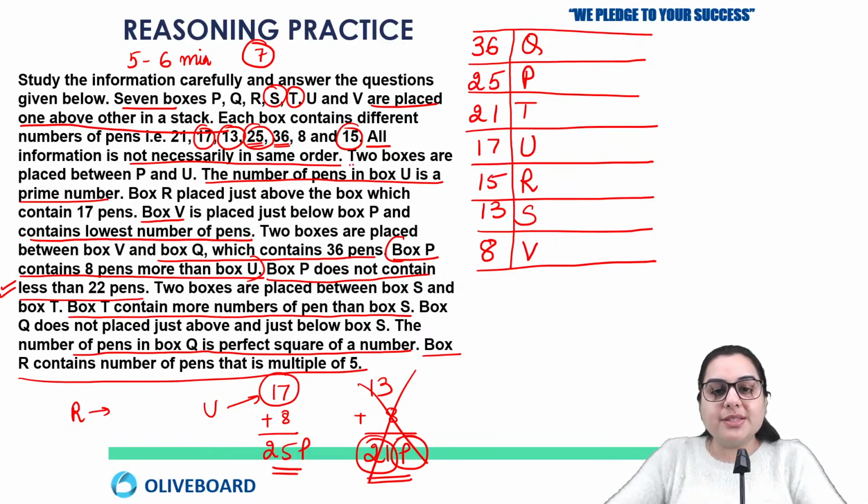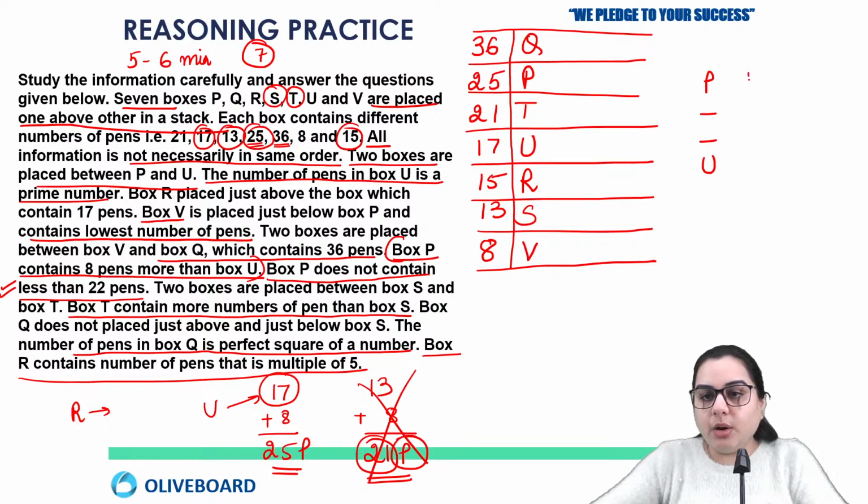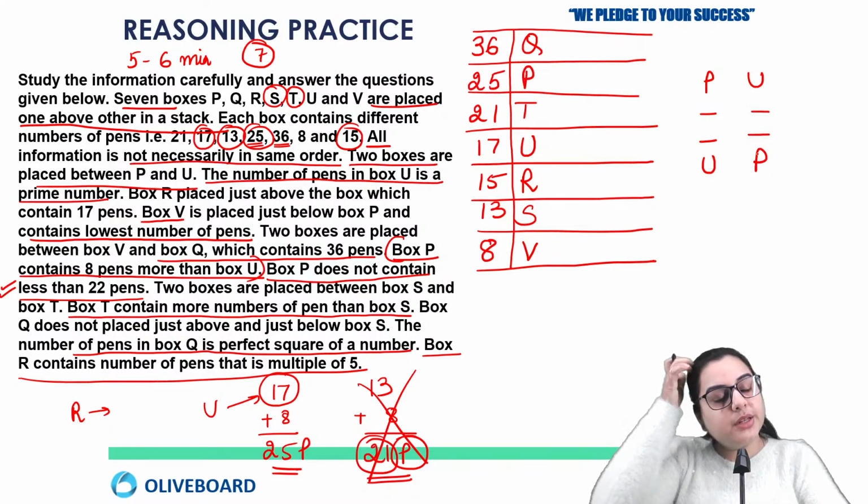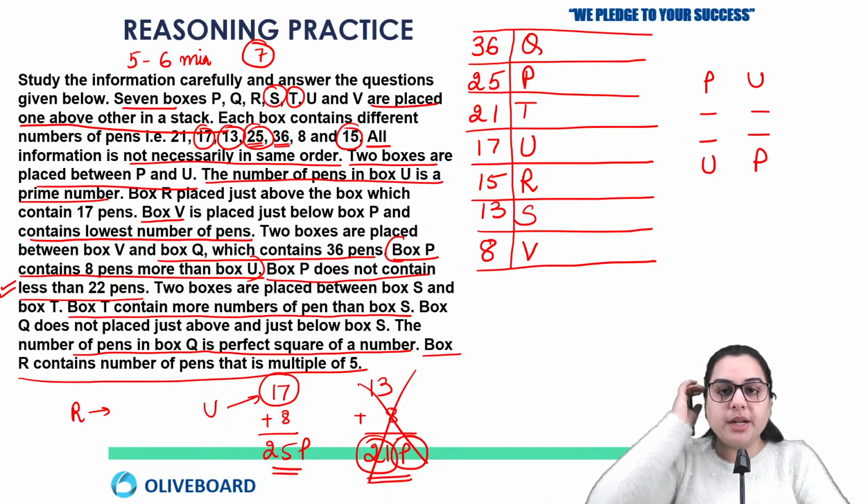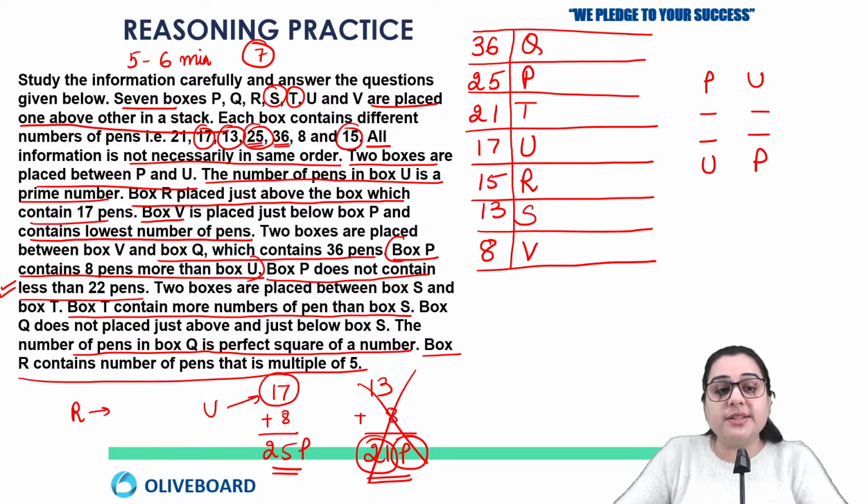Now here we have this line that there are 2 boxes placed between P and U. So there are 2 boxes between P and U. It could be either this way or this way. Either P can be on the upper rank and U on the lower, or the opposite could also happen. Next we have that box R is placed just above the box which contains 17 pens.